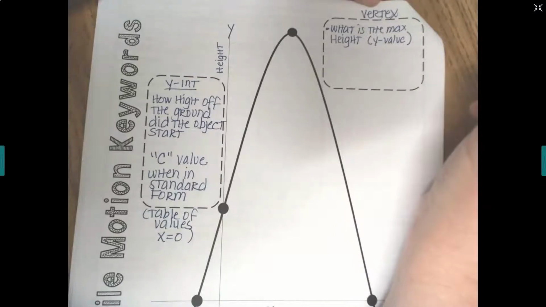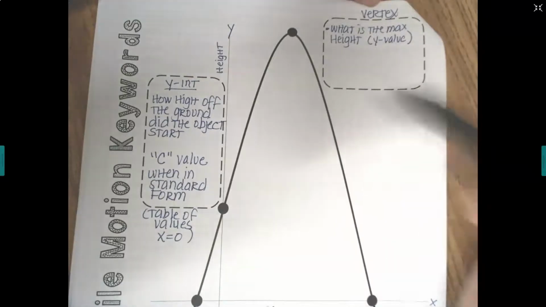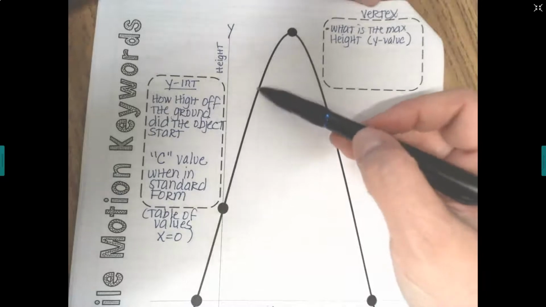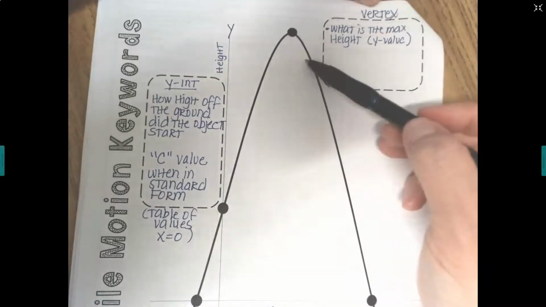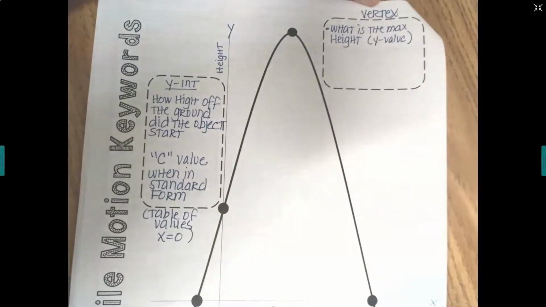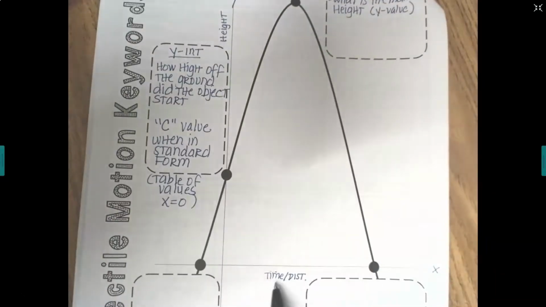Other questions it could ask, when does the object start to come back down? So imagine if you kicked a ball, it went up, and at the vertex it turns around and starts to come back down. When it comes back down is not talking about the height. That's talking about a time or a distance, depending on what your x value is.